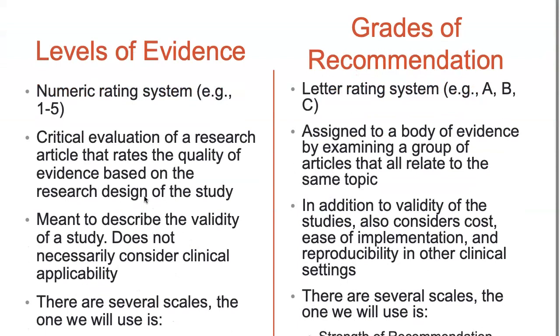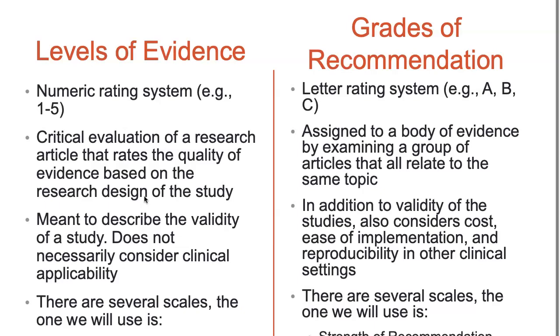Let me first compare and contrast the levels of evidence and grades of recommendation. The levels of evidence are typically 1 through 5, 1 being the best and 5 being the worst. We do a critical evaluation of the research article to rate the quality of that evidence based on the design of the study.